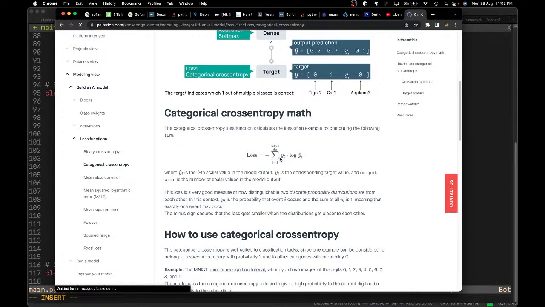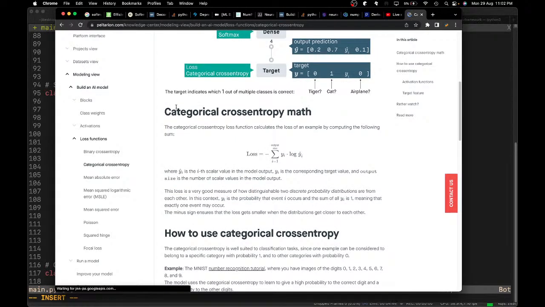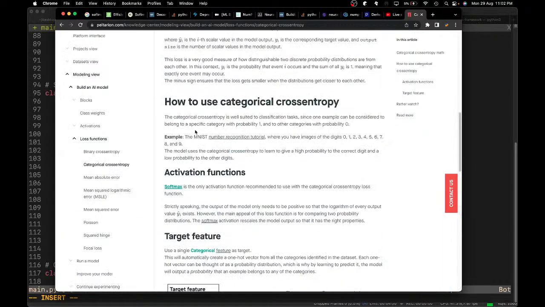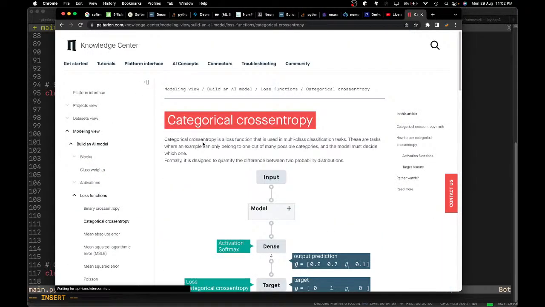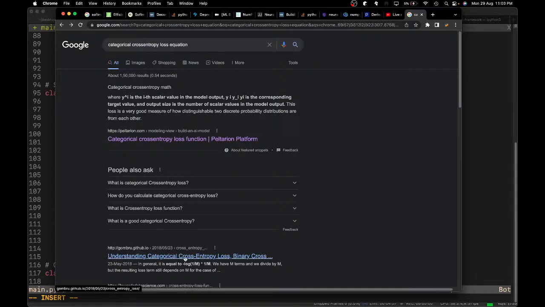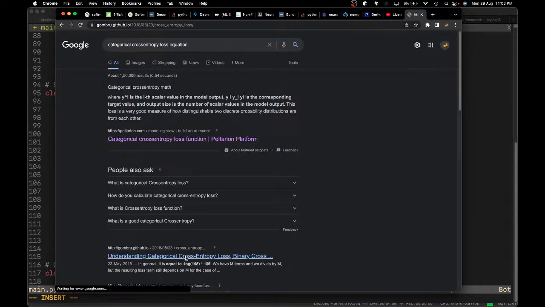There we go. So it's y1 to y output size. I think this is not the one that I want to look at. Was it sparse categorical or categorical? Let's have a look. I want to look at the equation. Yeah, this is the one that I think I want to have.